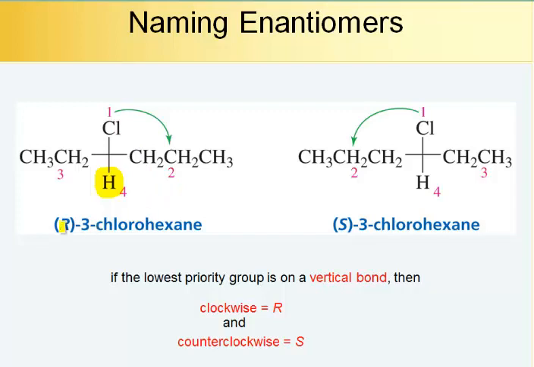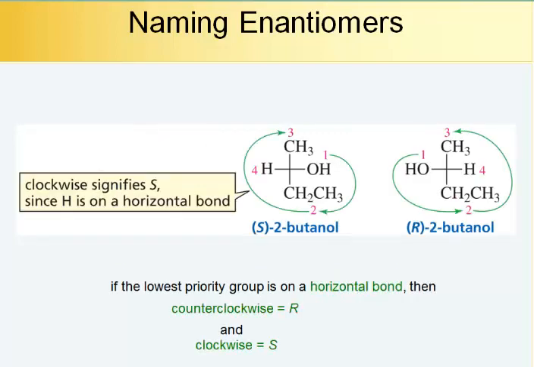That's only for a vertical bond. That follows the same rules as the perspective formula. Now, when your lowest priority is on the horizontal, however, it's backwards. So you might want to write those things down and keep them handy.